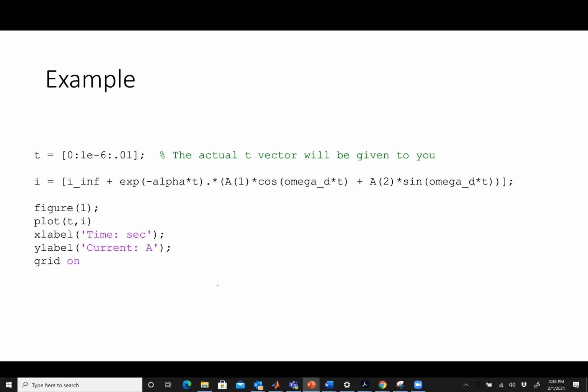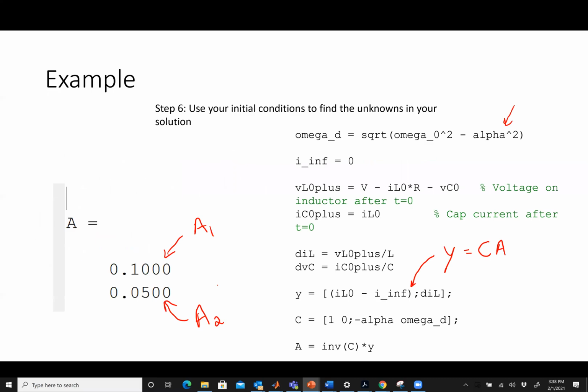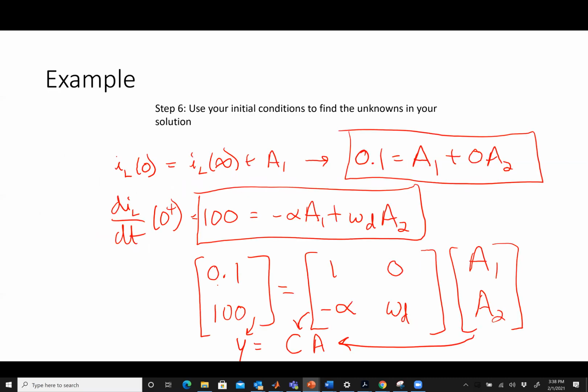Could you go back and tell how you set up the matrix that you're actually solving? Like the slide before this. Yeah. Basically, the first equation here, 0.1 equals A1 plus 0 times A2. So what I'm doing here is I say this entry times this entry plus this entry times this entry. That's the first equation. I've always used augmented matrices, so I haven't seen that form in a while, but that makes sense.